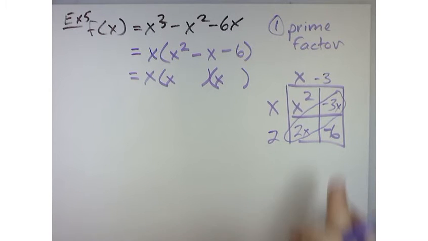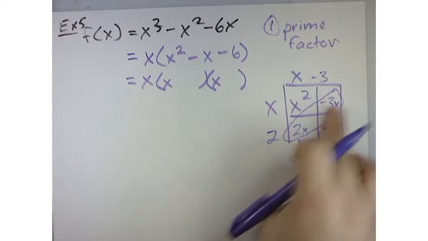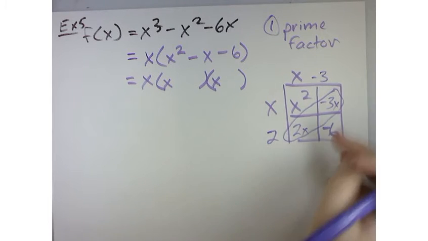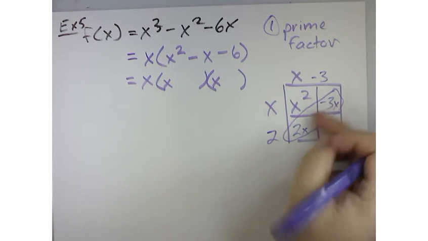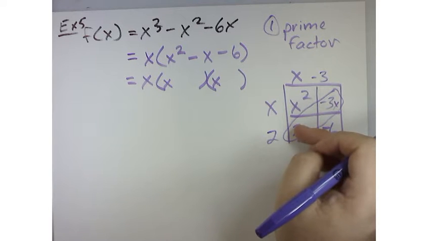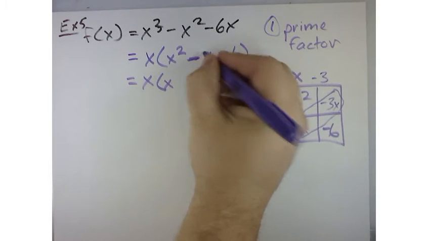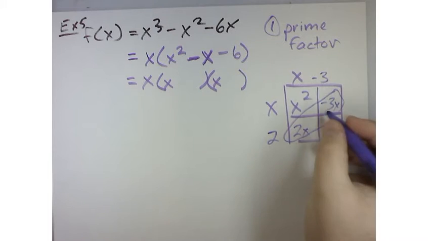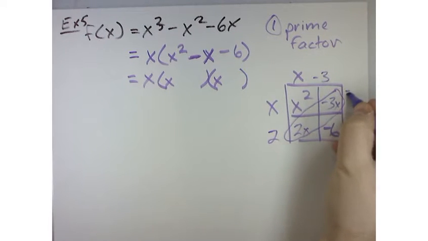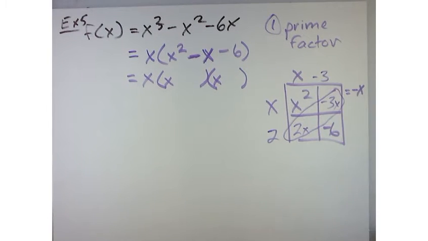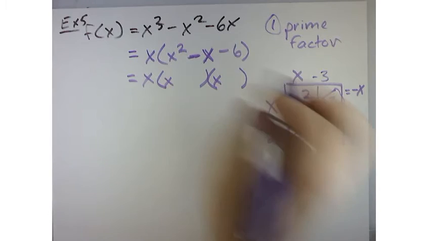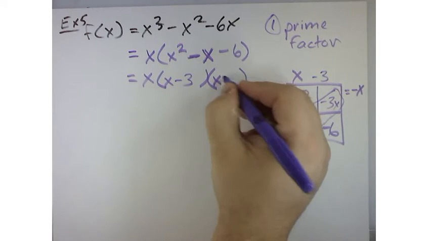Yeah, it's negative 6 here, but when I add these up, what do they equal? Minus 3x plus 2x equals negative x, right? So we need to make sure that these always equal the middle term, negative x. But you're right, it's negative 3 and positive 2.